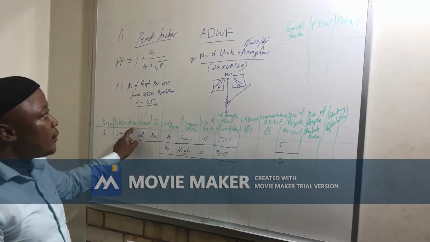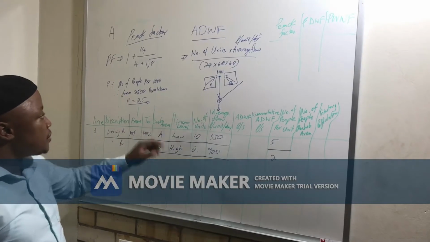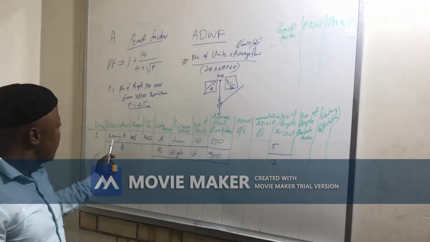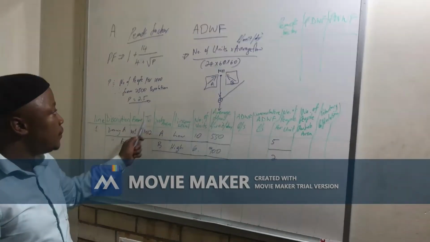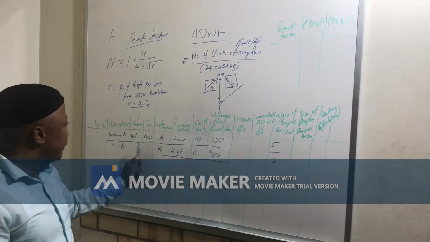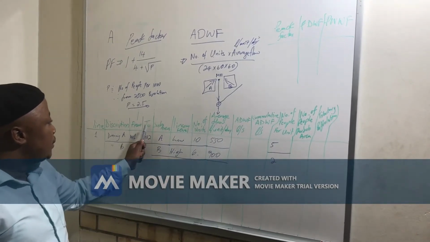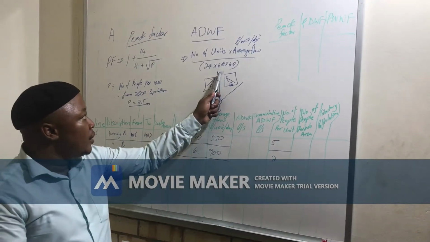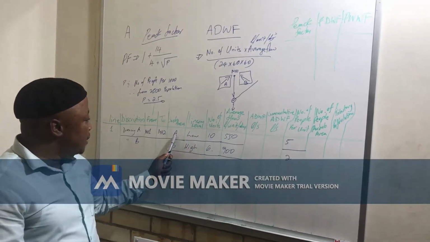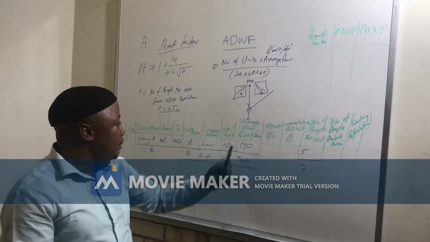The description of line 1, you simply distinguish to us what is happening, what are the contributions to line 1, which is draining A and draining B. And then it's moving from manhole 1 to manhole 2, and the sub area becomes A and B.